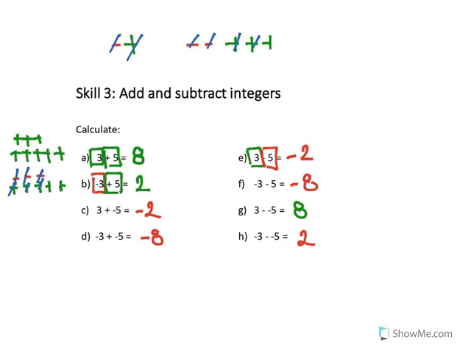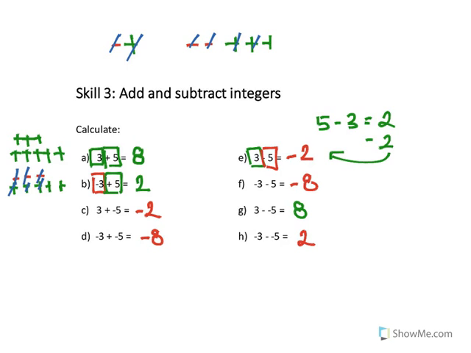In this case, we have more negatives, because the 5 is bigger than the 3. So if you pretend those symbols weren't there and say 5 minus 3, that leaves me with 2. Then you ask, were there more positives or more negatives? There are more negatives, so automatically that's a negative 2. That's another way to think about it.